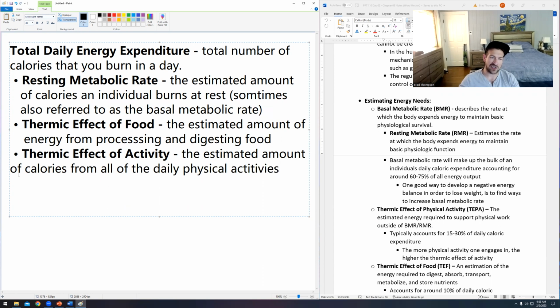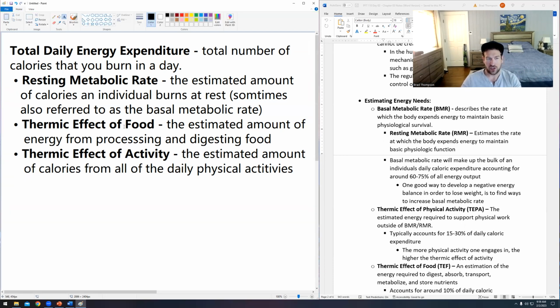Somebody who exercises regularly obviously is going to have a higher thermic effect of physical activity than somebody who is sedentary. So these are the three things that make up our total daily energy expenditure. You put these three things together, you get your total calories.